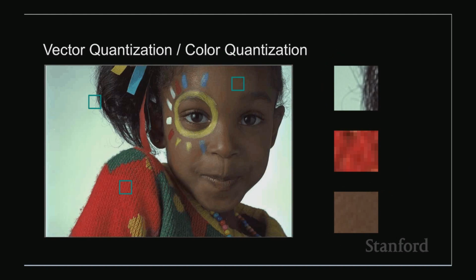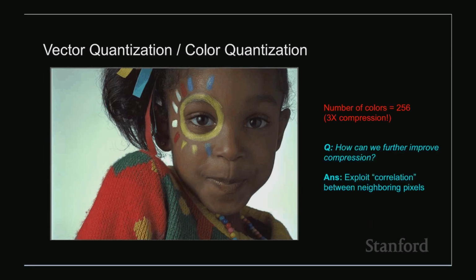So if you stick to some local region, you can exploit the fact that I probably need even fewer colors, or maybe get away with representing all of them with a single color. So the idea is to exploit the correlation between neighboring pixels. That's the next obvious idea.